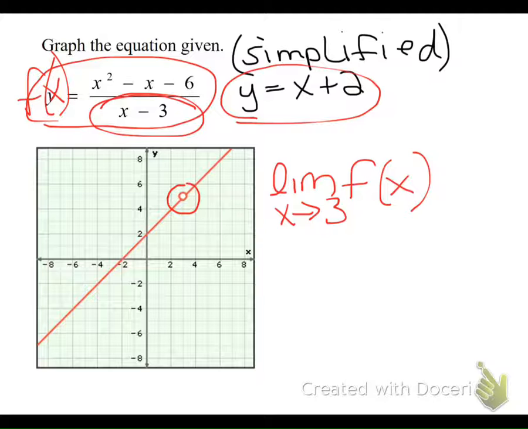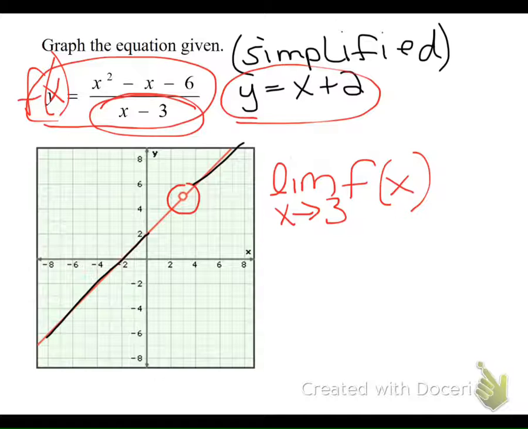Okay? I want you to think of a limit, very, very easy definition. It's not really a definition. I just want you to think of a limit as the height the graph approaches, regardless of whether or not it actually reaches that height. A limit is the height the graph approaches from both sides, regardless of whether or not it actually reaches that point.